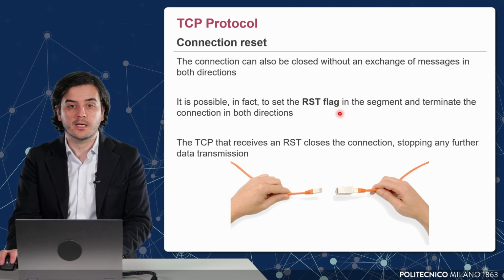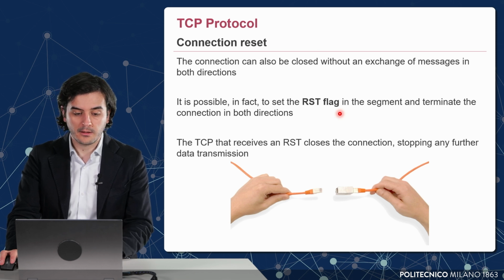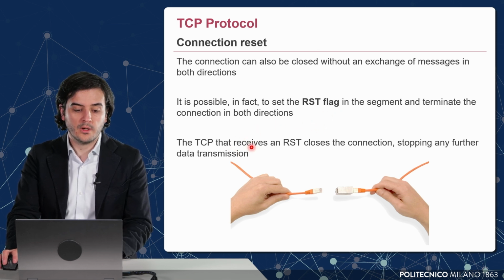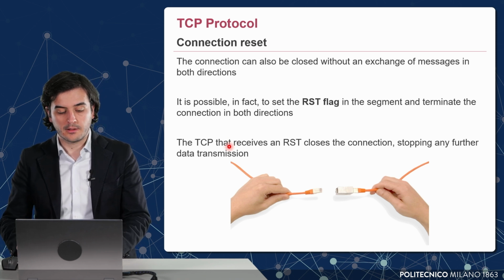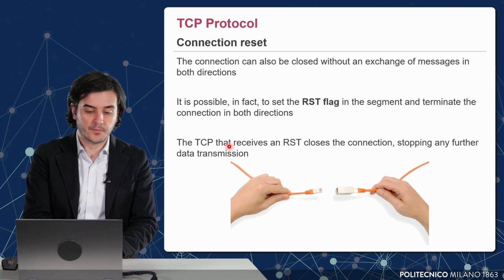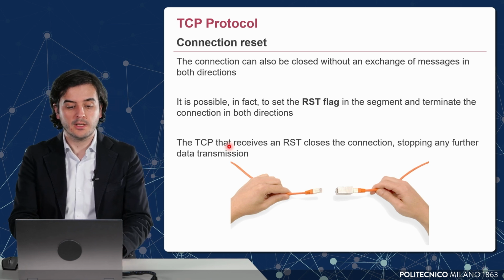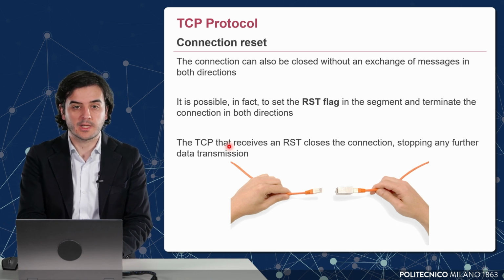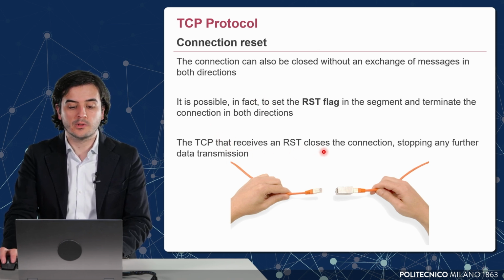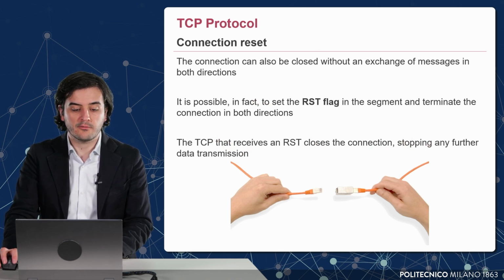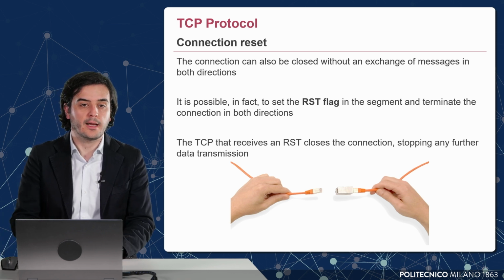If this flag is set to 1 in the TCP header, then once one entity, either the receiving side or the transmitting side, I mean either the user or the server, receives a TCP segment which has the reset flag equal to 1, the TCP will just close the connection, stopping any further data transmission between the user and the server.